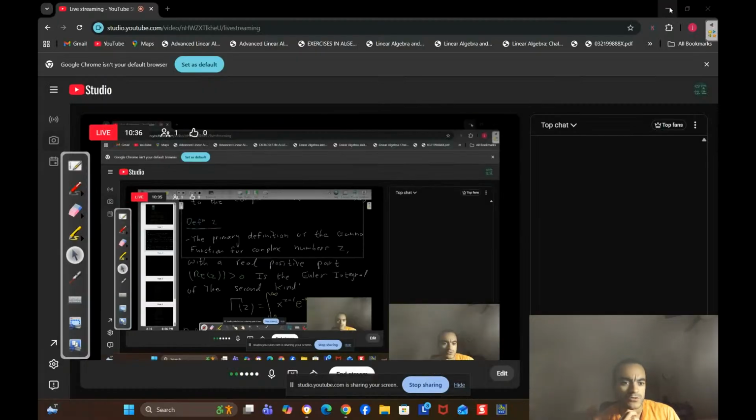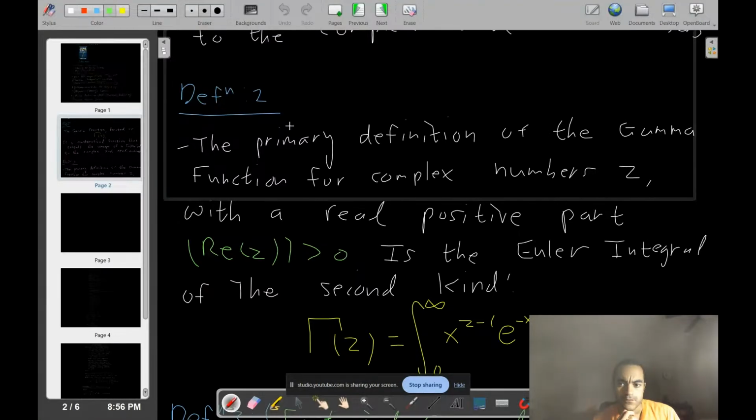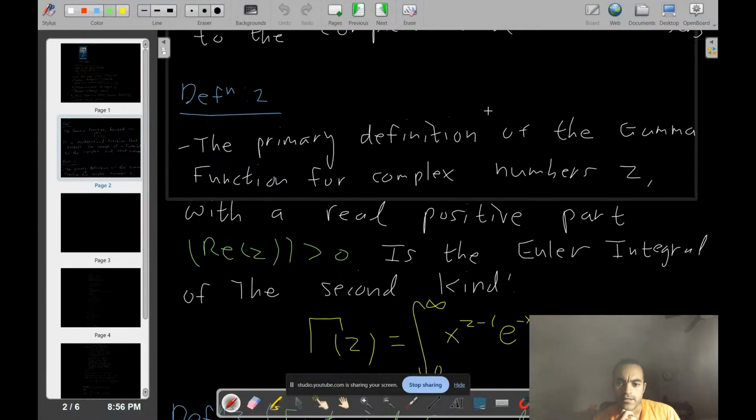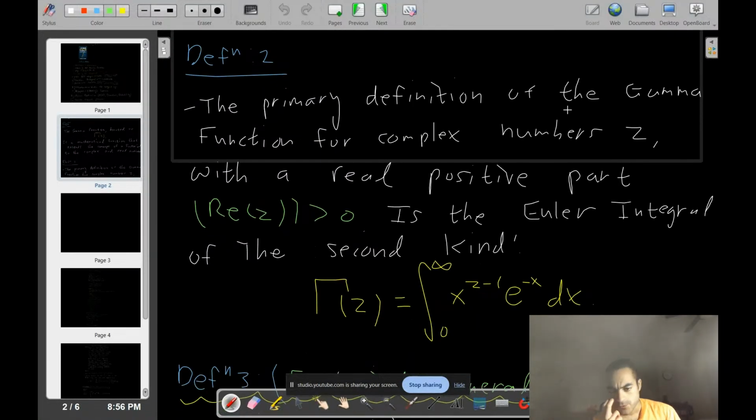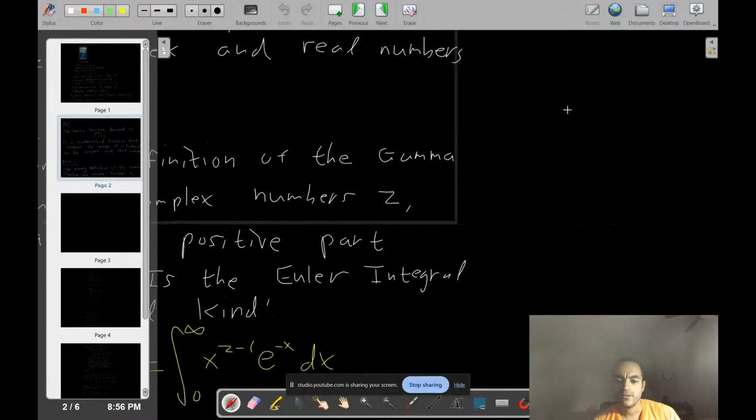Any questions? All right, so as I mentioned, the primary definition of the gamma function is for complex numbers z with a positive real part. What I mean by the real part is, as I said, z equals a plus ib, where a is real and b is the imaginary part of a complex number.